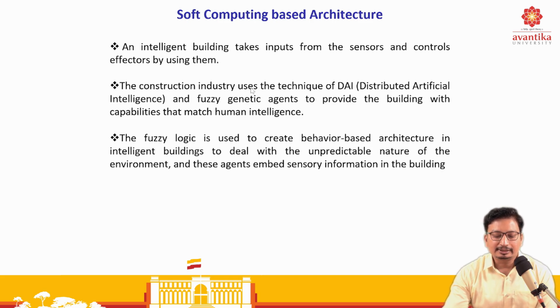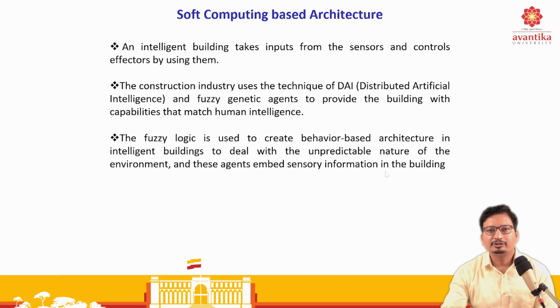So the construction industry uses the technique of distributed artificial intelligence and fuzzy genetic agents or fuzzy genetic algorithms to provide the building with capabilities that match human intelligence. The fuzzy logic is used to create behavior-based architecture in intelligent buildings to deal with the unpredictable nature of the environment, and these agents embed sensory information in the building.